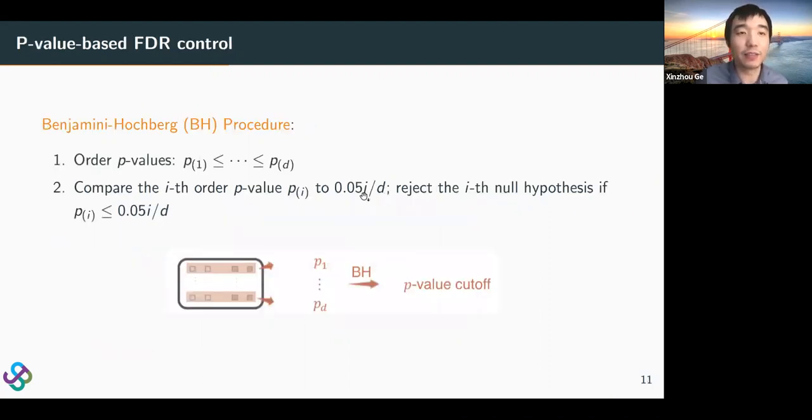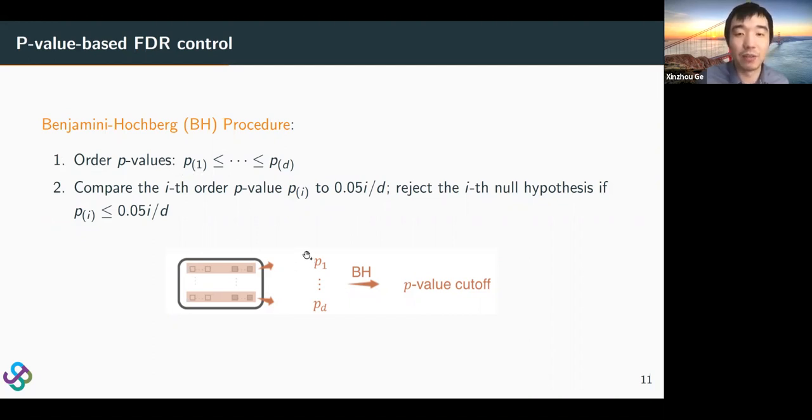A very famous procedure to control the false discovery rate is called the BH procedure, the Benjamini-Hochberg procedure. The procedure has 2 steps. The first step is to order all the p-values from smallest to largest.